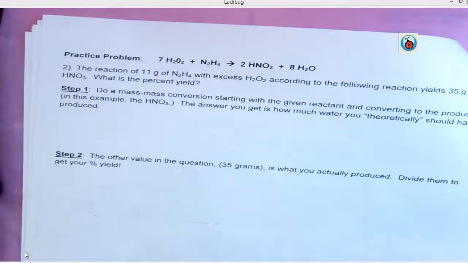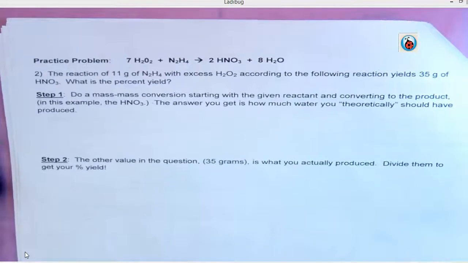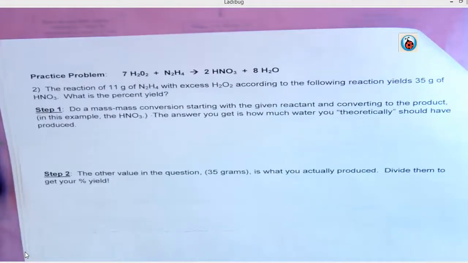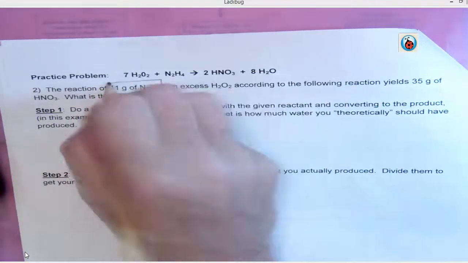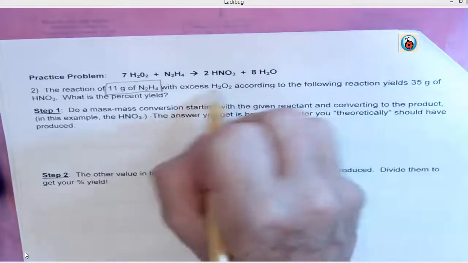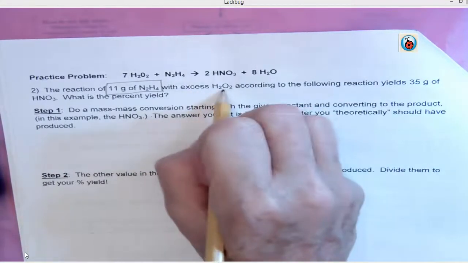Okay? So, when we flip over to the other side, we're going to do the same thing here. We're going to practice doing these reactions. Okay, so this time it says we have 11 grams of this N2H4. So that's what I know. 11 grams with excess of, this is hydrogen peroxide.